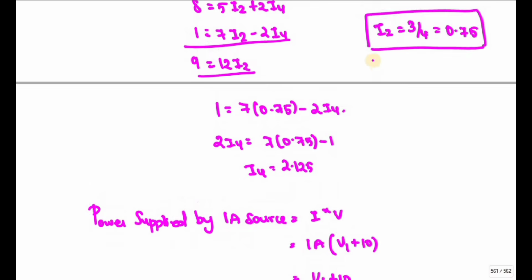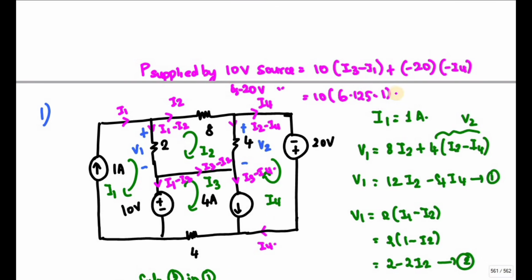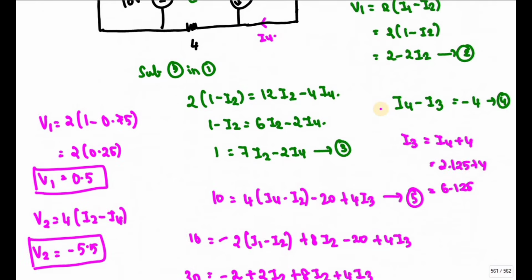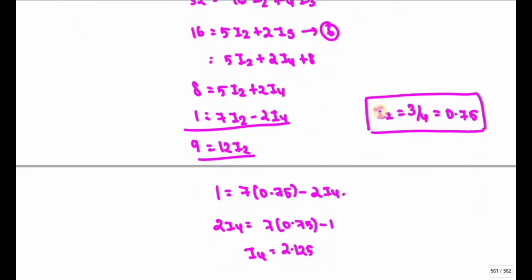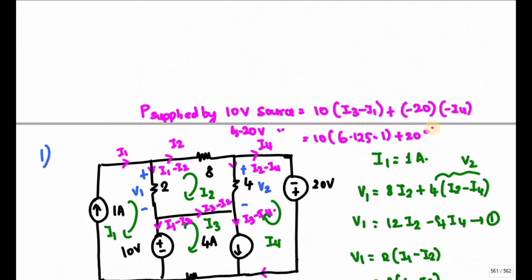And why have they written minus 20 of minus I4? It is 10 into 6.125 minus 1, plus the power delivered by the 20 volt source.